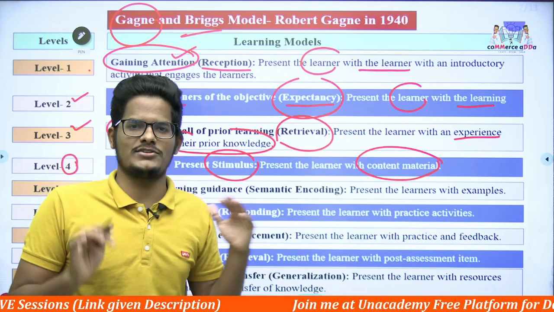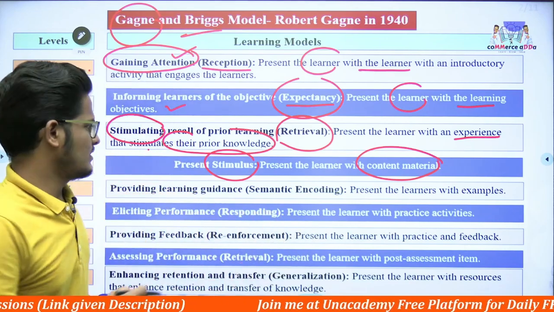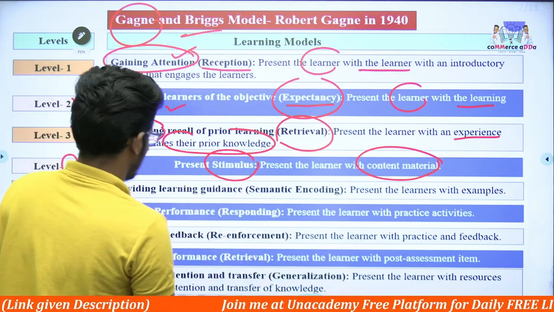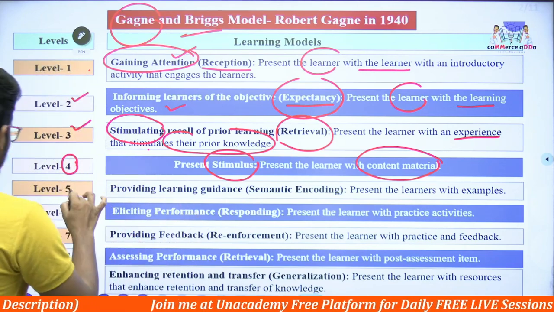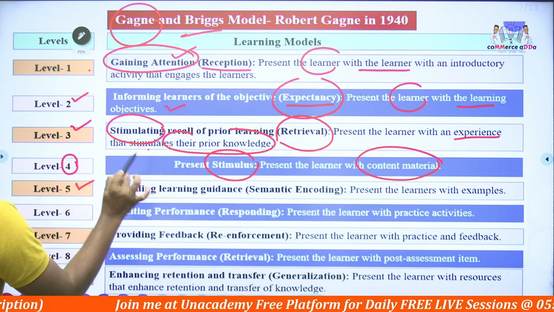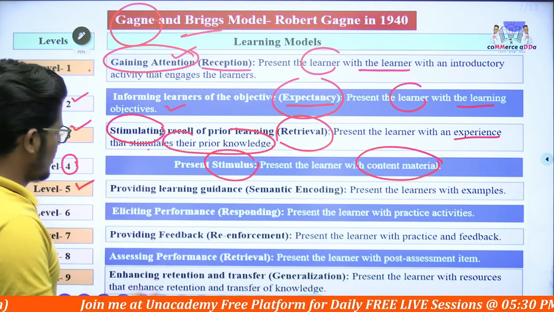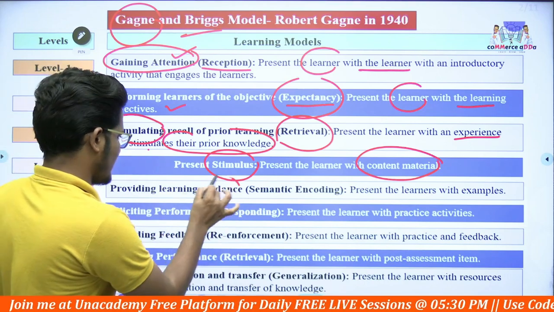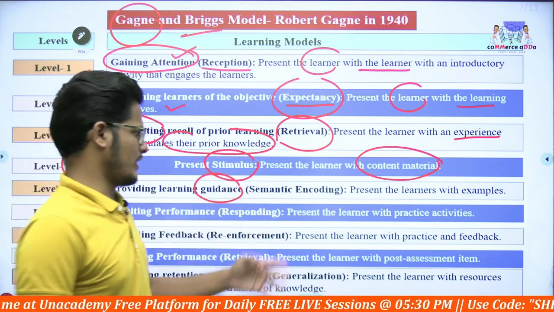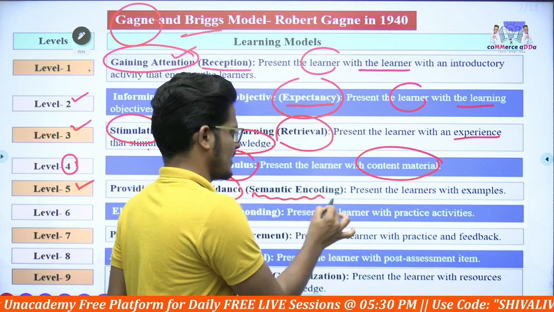Even without my explanation, you are trying to read it. That's what we call presenting a stimulus, which is giving an input to the learner in the form of a material, right? And the fifth one, providing the learner with learning guidance, that is semantic encoding. Technically we call it semantic encoding.